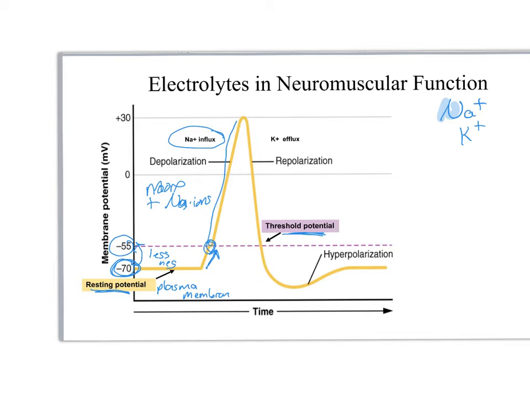Now, once you reach here, you've stopped bringing in sodium ions. Now there are these little protein channels in the plasma membrane that open to allow potassium ions to leave. So now you are removing positive ions from inside the cell.